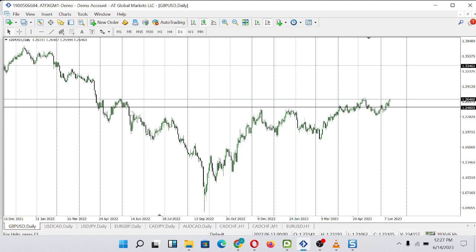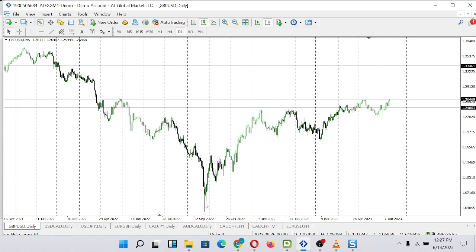Lower high, lower low, lower high, lower low, lower high, lower low, right? Okay, lower low here, lower high, right? There's a point here, lower low. Then it made a lower high here.